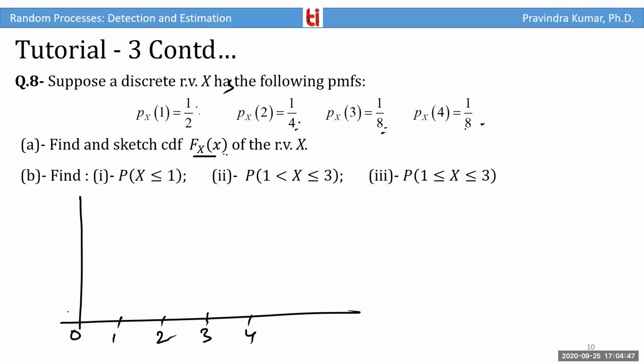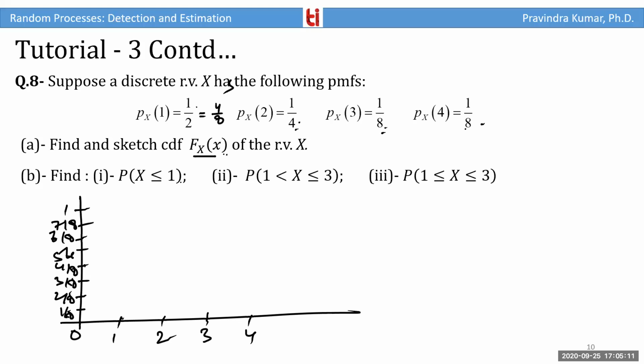So in eighths, that is 4/8, 2/8, 1/8, 1/8. So at 0, it is 1/2, or I can say it is 4/8.